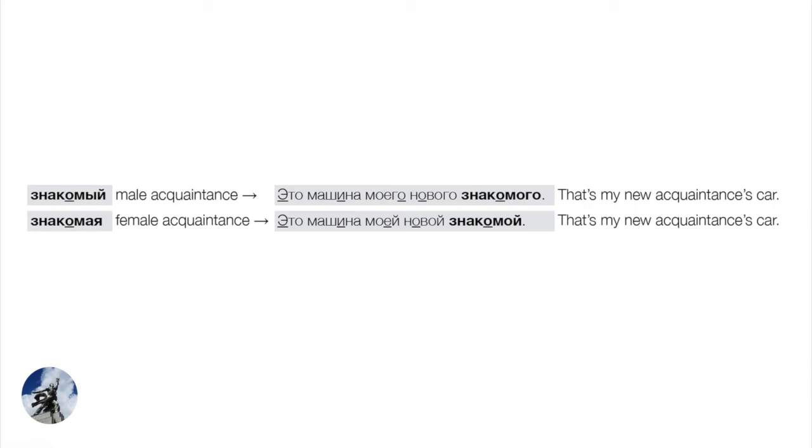So znakomaya is a female acquaintance. Okay, what if we use those in the genitive? Well, they would take adjectival genitive endings, right? For example, это машина моего нового знакомого. This is the car of my new acquaintance, right? This is my new acquaintance's car. Or female version, это машина моей новой знакомой.